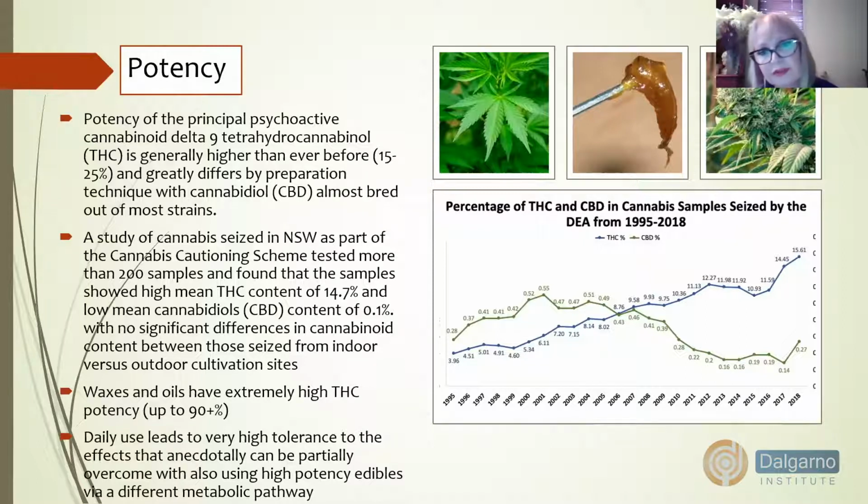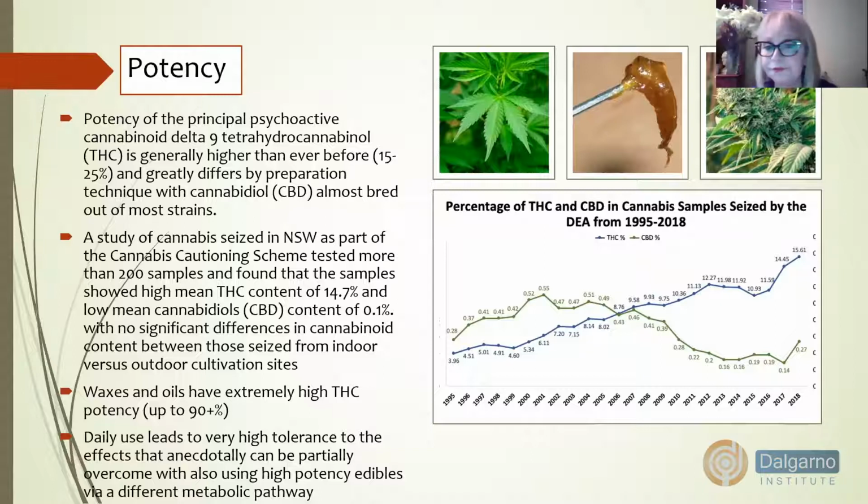This increased potency is associated with an increased incidence of psychosis and other mental health conditions in studies that have compared high and low level THC users over time and seen the different rates in psychosis. Potency is a way of describing the percentage of the principal psychoactive, THC, in any particular product, and it's generally higher than ever before, between 15 and 25%.